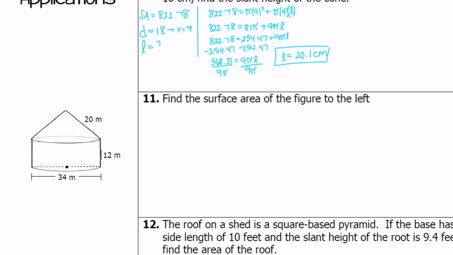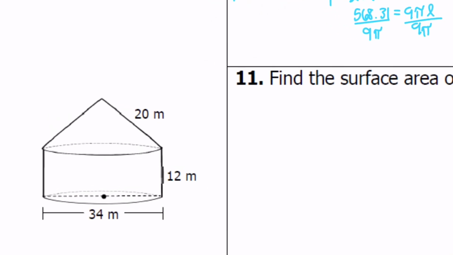So, on number 11, I'm going to leave that one for you to try. I'll give you a hint, which might be an obvious hint. Split it into two shapes. So you're supposed to find the surface area of this figure.